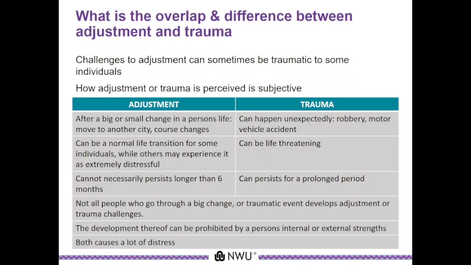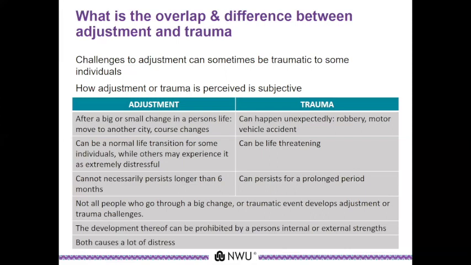Then what is the overlap? Not all people who go through big change or a traumatic event develop adjustment or trauma challenges. And with these challenges, I specifically refer to symptoms. The symptoms that Masilu explained earlier, we find in the DSM or the ICD codes. Someone going through an adjustment may not present with all of those challenges, or their coping mechanisms would be effective enough at that moment to not experience any of the symptoms.